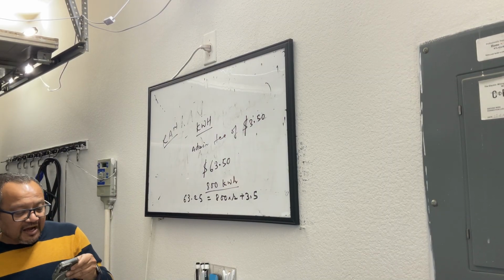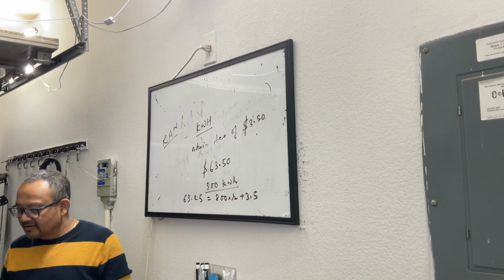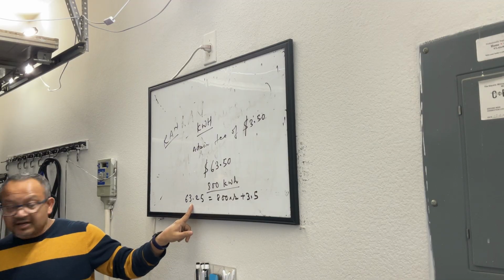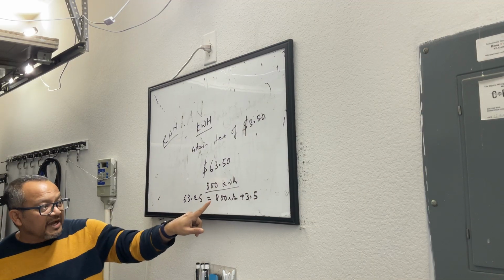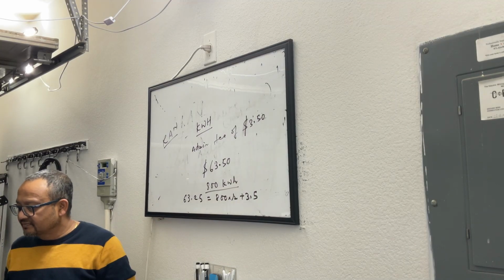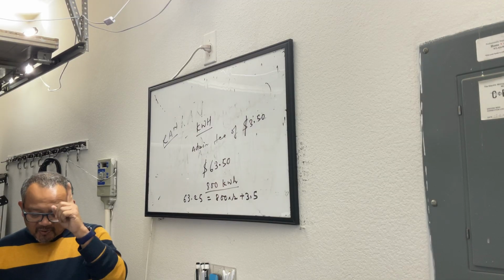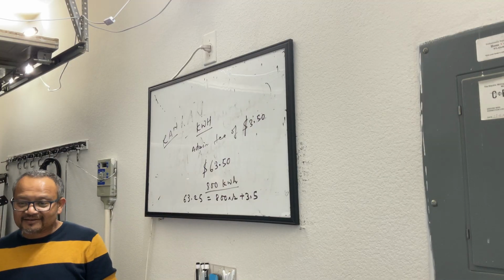What does the variable R represent in this equation? Can you write the equation down? 63.25 equals 800 times R plus 3.5. So now hear the question. What does the variable R represent in this equation?